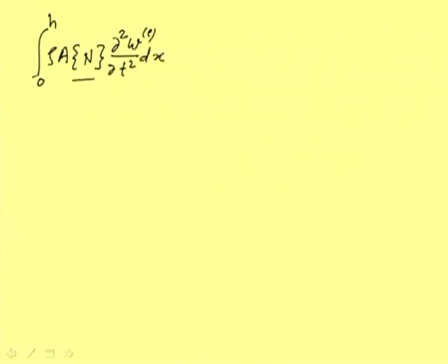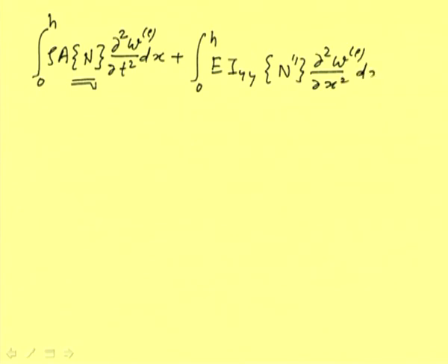So now in place of Ni, it has a vector form. Here we have the double derivative of N, and the internal forces I am writing in the expanded form.